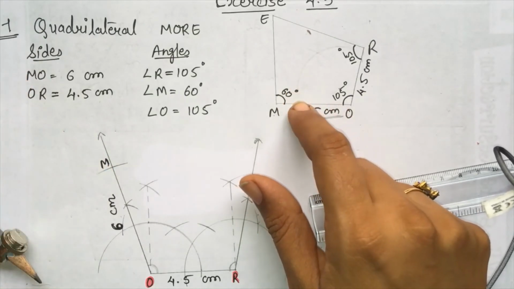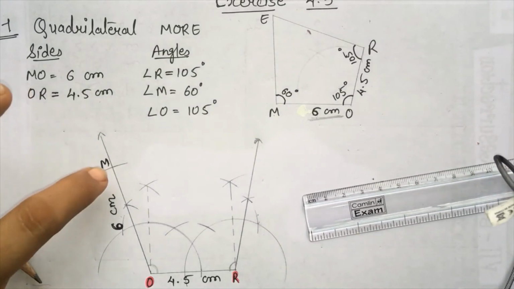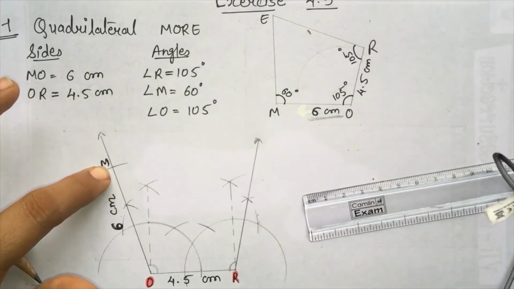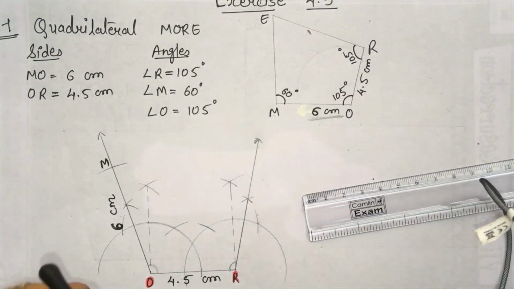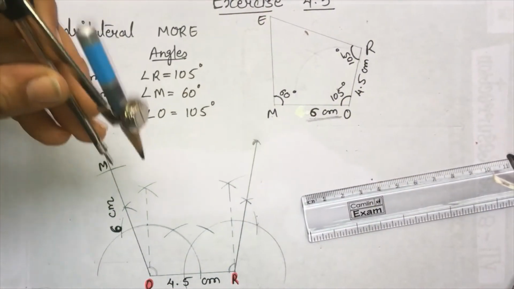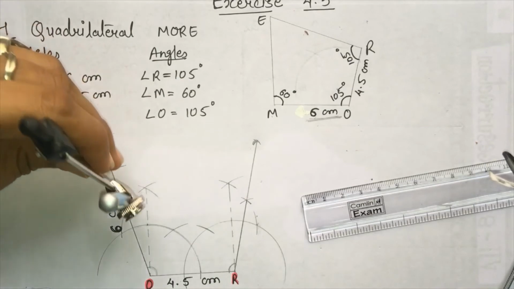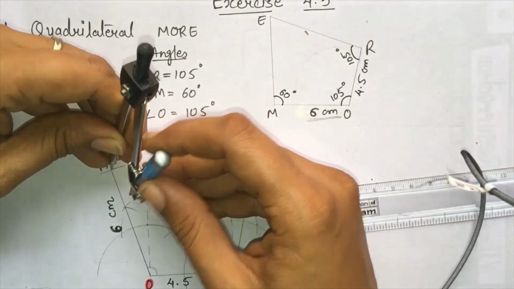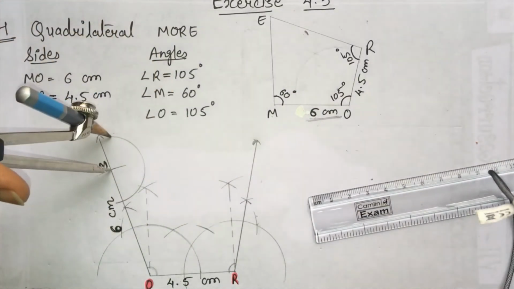So this is the rough diagram, this is the fair one. Here at this point M we have to draw an angle of 60 degree. So for that, again we will take any random radius for 60 degree, taking M as center, we will put one arc like this.